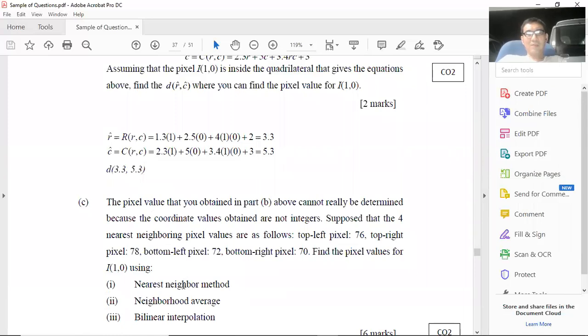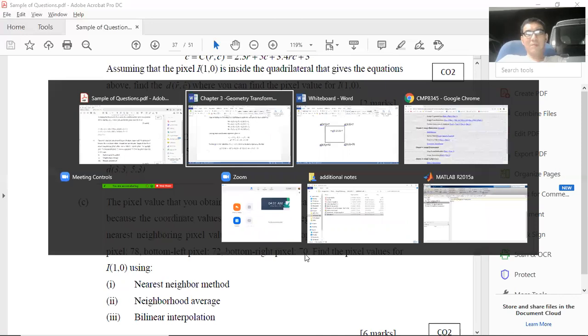So the question asks for 3 different ways to do it. One is the nearest neighbour. You're given the 4 nearest points: top left 76, top right 78, and bottom left 72, and bottom right 70. To let you visualize better, I put it here.